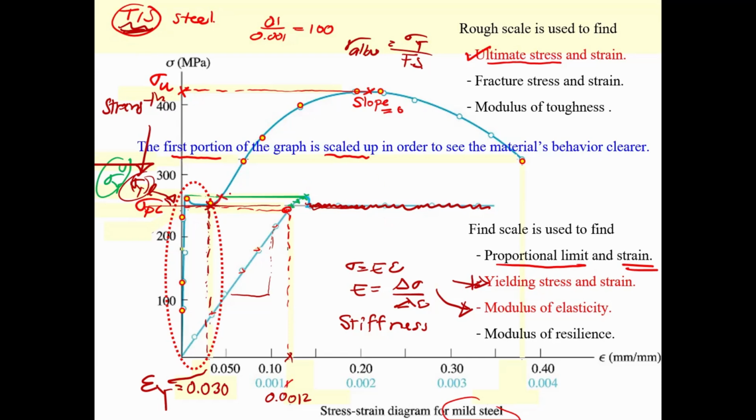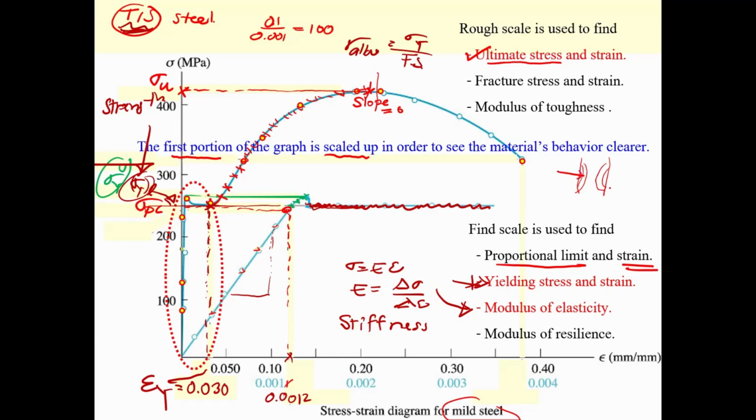During the strain hardening period over here, the necking starts to appear, but it's not very clear until it reaches the maximum ultimate. Then during this portion, you will see that portion of the specimen get necked.